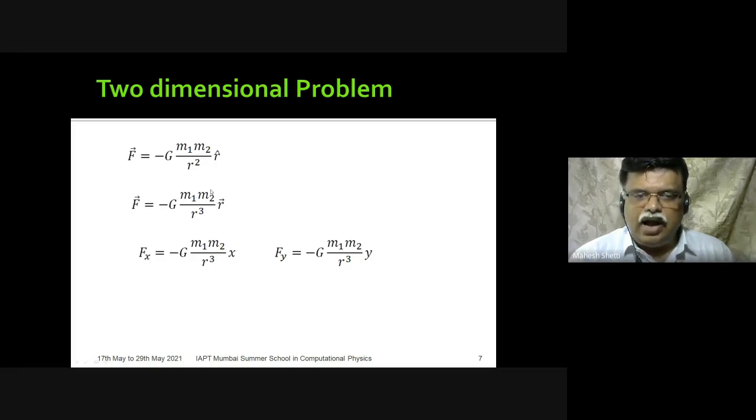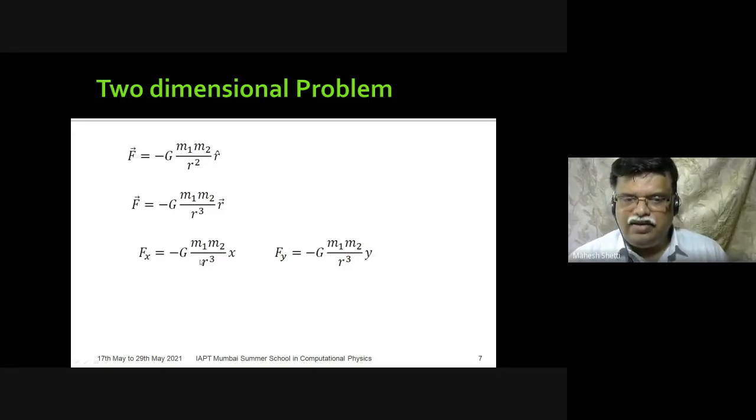Okay, and now it is easy to resolve this, because then I can write the x component of this as the x component of this. Now this entire thing G m1 m2 by r cube can be calculated. It's a scalar quantity only. Okay, and r bar x component is nothing but x, and y component of r bar is y. So you may straight away write this. And what is r cube?